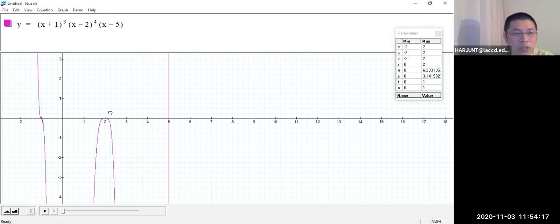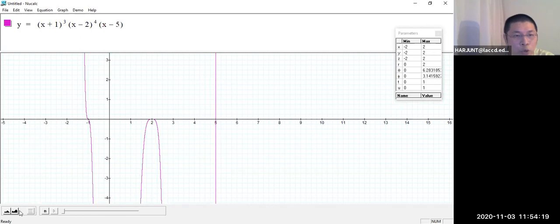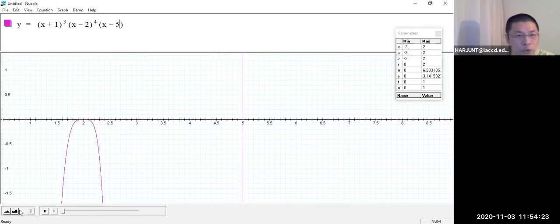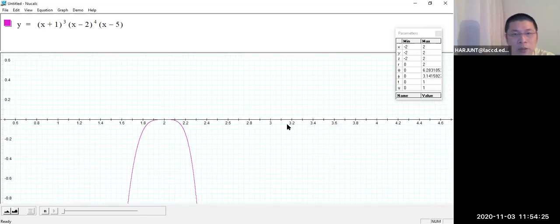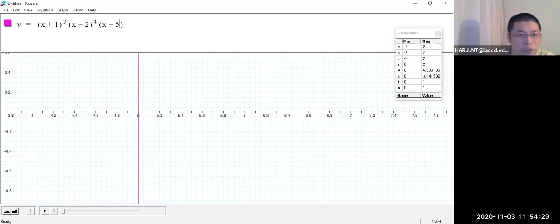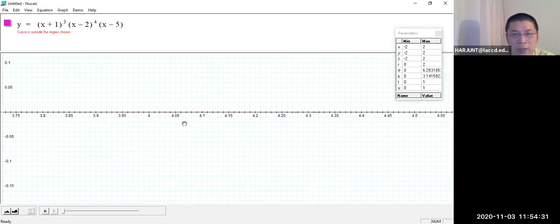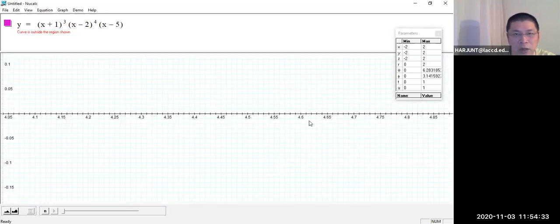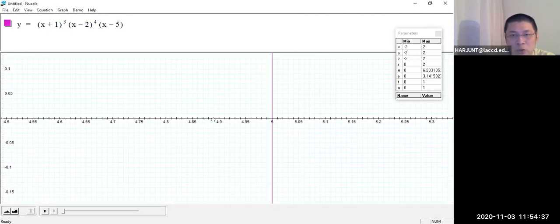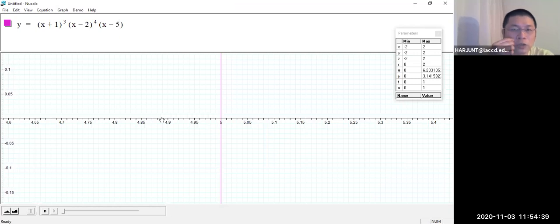Now, what I want to say is this. When you zoom in at 5, notice that 5 is a zero with multiplicity of 1. It's a simple multiplicity, so when it crosses the x-axis, it will cross just like a line. I super zoomed this already. It crossed the graph like a line.